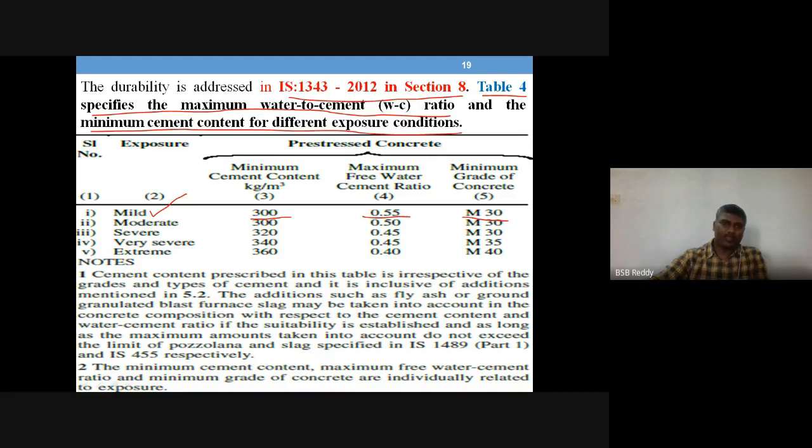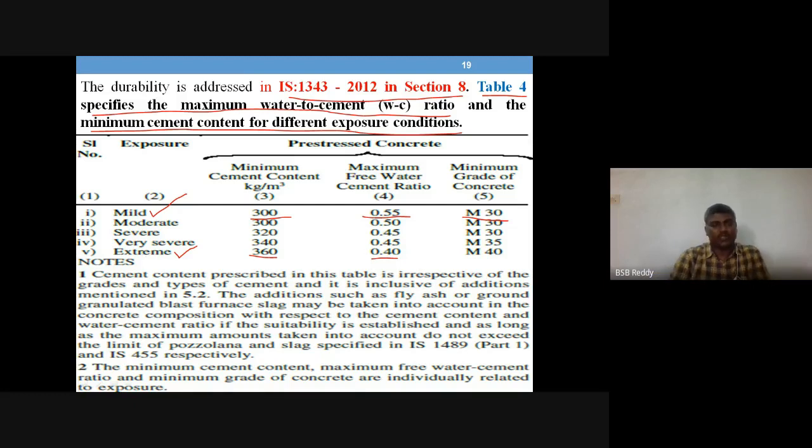Okay, as the exposure conditions are changing, the cement content also changes, as well as the water cement ratios. So for a condition of extreme severity, extreme exposure, you have mild, moderate, severe, very severe, and extreme condition.